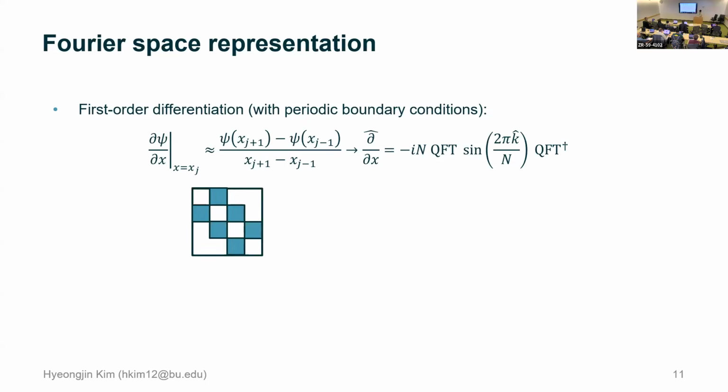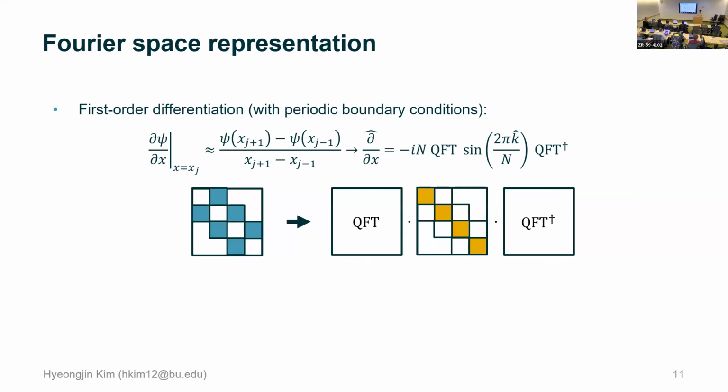For example, on the left, a matrix representation of this function may look something like this. This is because at each point, your value depends on the point on the right and the point on the left. But when we use this notation, you can see that the operator in the middle is diagonal in Fourier space.